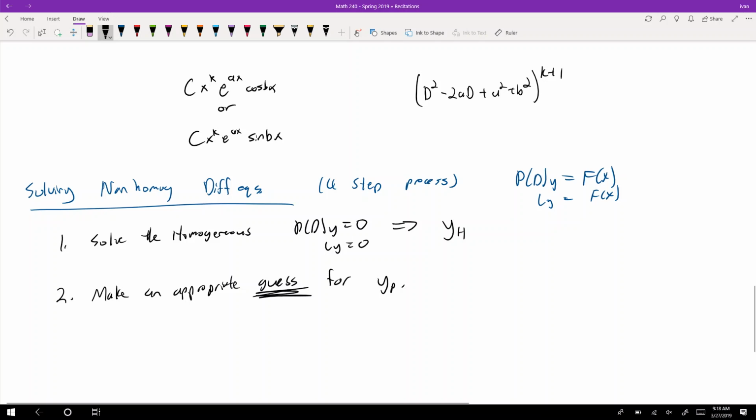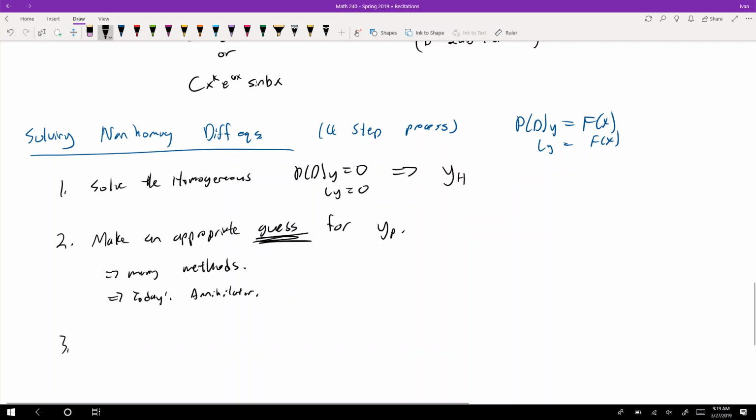So years of calculus have taught us what to guess, but really you kind of just have to guess the right solution. It's very formulaic, all right? There's really not that much intuition. So you make an appropriate guess for yp, and there are many methods to do this. Today we'll do the Annihilator method. Sections 8.4, 8.7, 8.8, 8.9, those are all methods of guessing for yp.